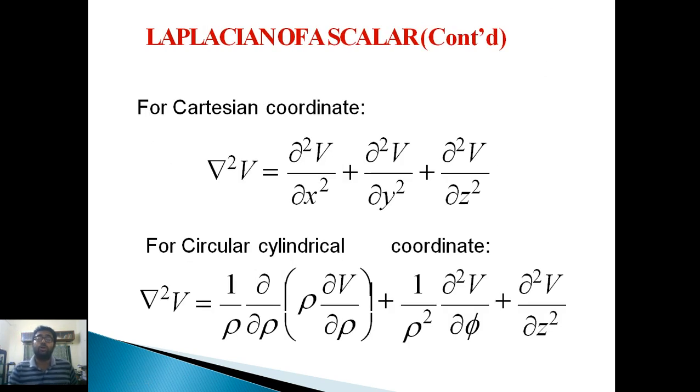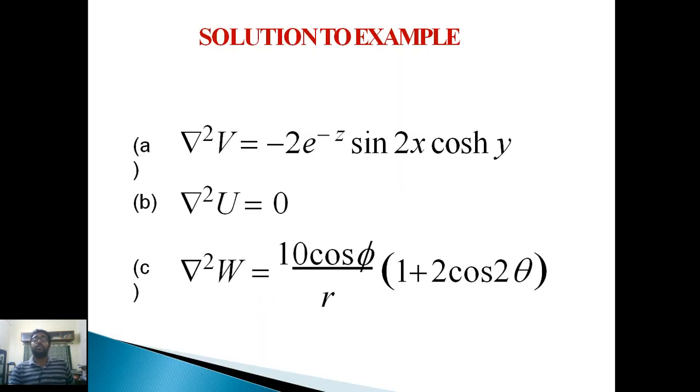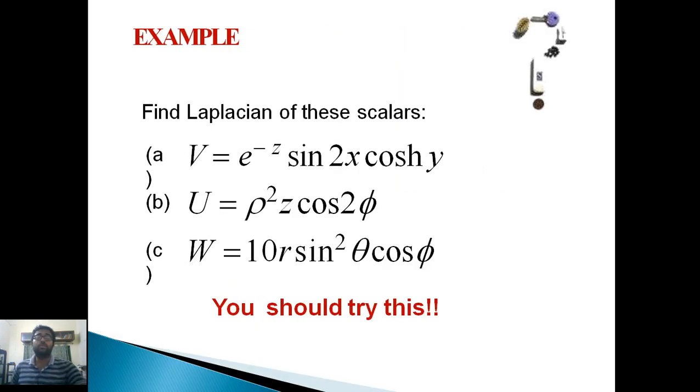So up to this, what we have learned is the Laplacian of a scalar, we have understood line integral, surface integral, volume integral, and how the del operator works. The del operator operates differently in the Cartesian, spherical, and circular cylindrical coordinate systems.